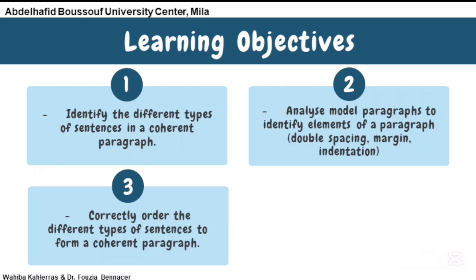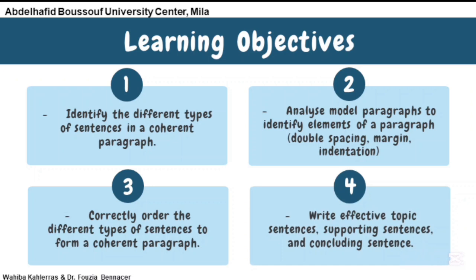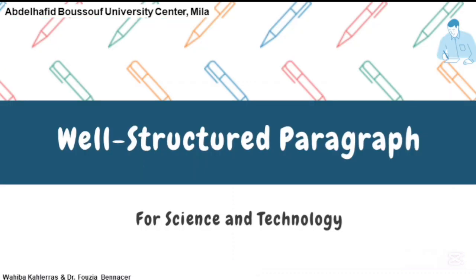Correctly order the different types of sentences to form a coherent paragraph. You'll have jumbled sentences to combine into a full paragraph. And finally, write effective topic sentences, supporting sentences, and a concluding sentence in your own words.